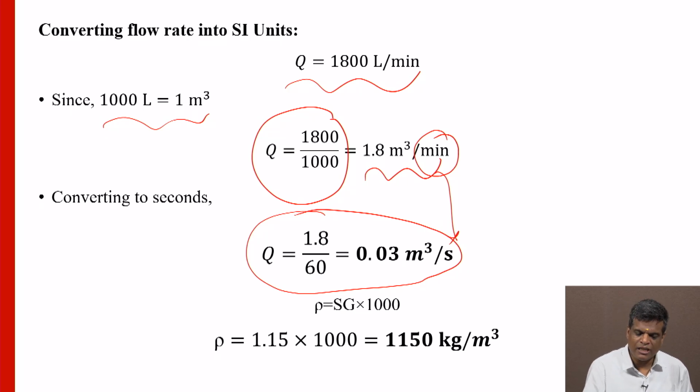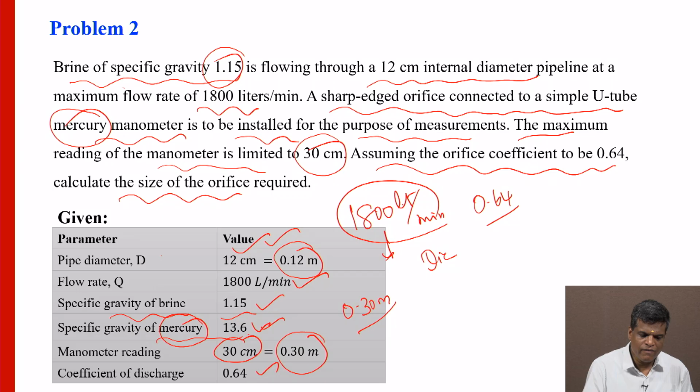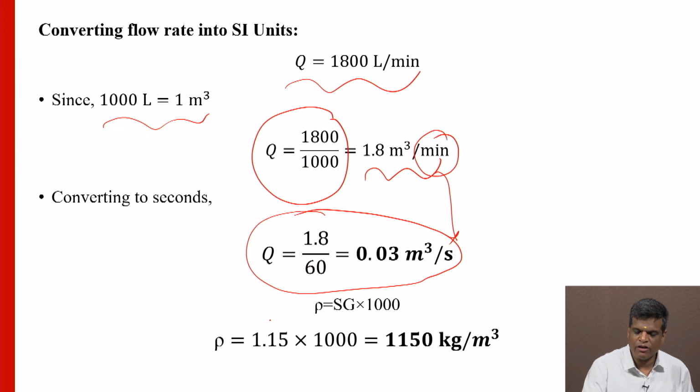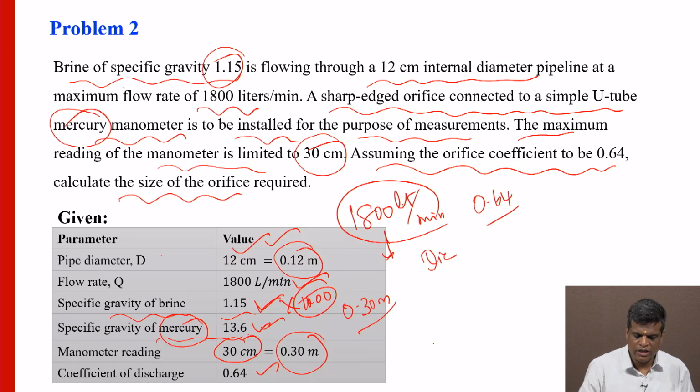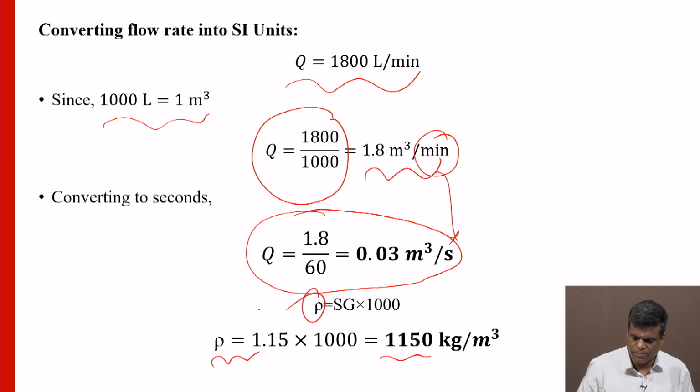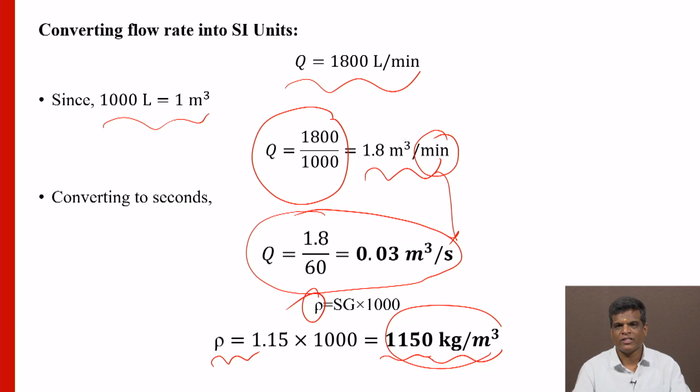Next we convert to density, because the problem gives the specific gravity of the brine solution, 1.15. Multiplying by the density of water, 1000, the density of the brine solution is 1150 kg per meter cube.